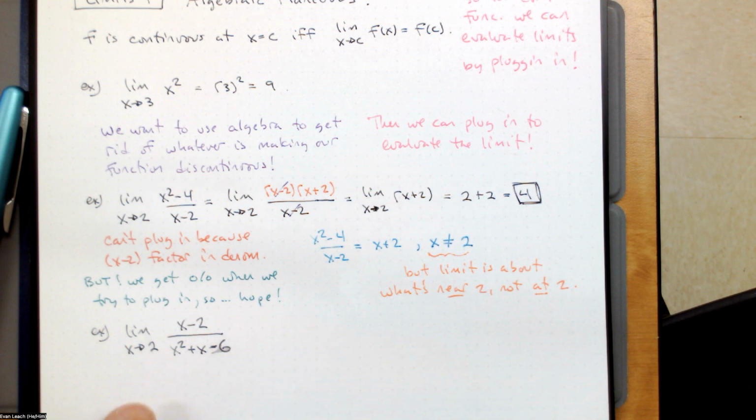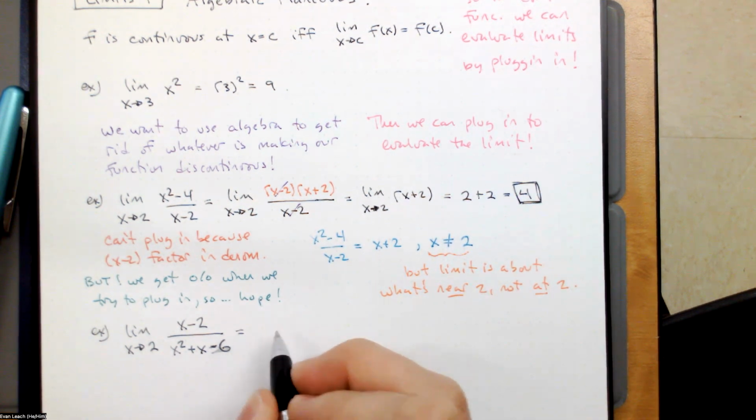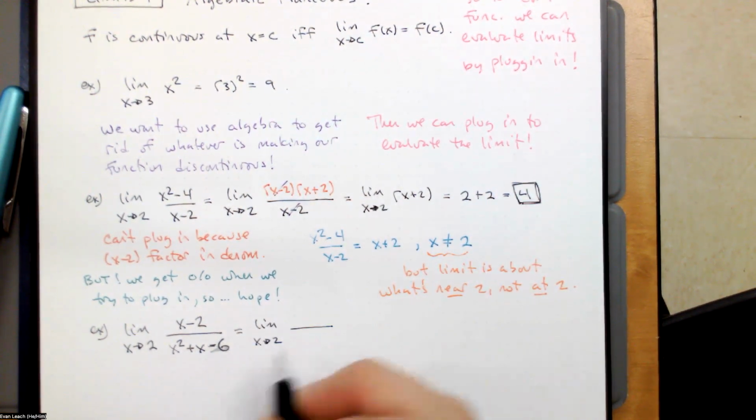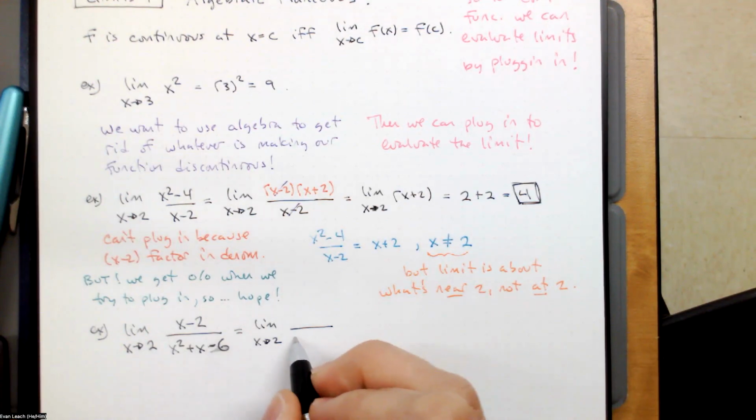0 over 0 at the value we're trying to find the limit means we're going to be able to get rid of it. So this will be the limit as x approaches 2. I'll factor the denominator.